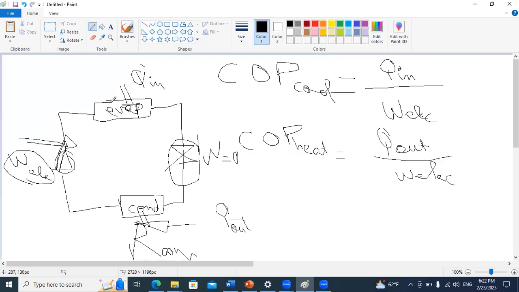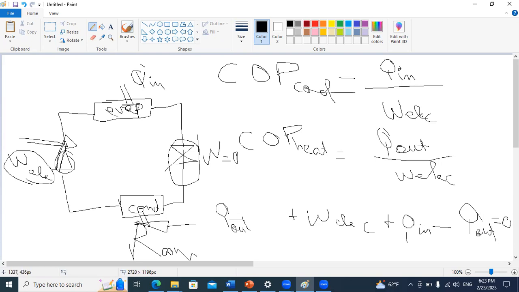I have Q_in entering in the evaporator, so it's a gain of heat, and the rejection is just Q_out. So for the balance of fluxes, I have W_electric plus Q_in minus Q_out is equal to 0.